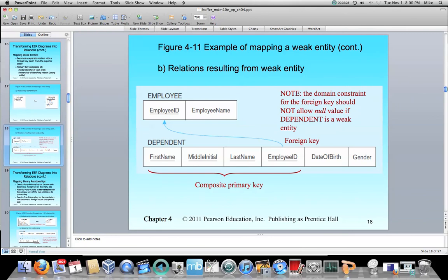Then we've got the employee ID, which is how we join back to the employee table, so that's the foreign key, the date of birth, and the gender. Now the primary key of this dependent relation is going to be the combination of first name, middle initial, last name, and employee ID. And that's simply the way we're going to work with weak entities.